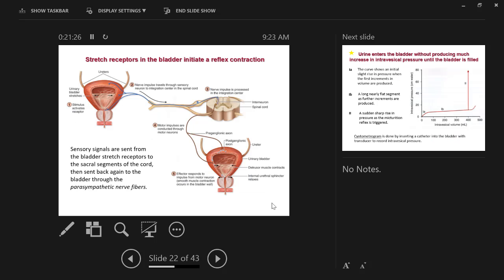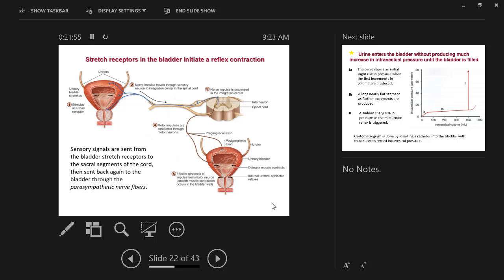Here, this explains the same thing, but it's more comprehensive. I found this figure somewhere, so let's see. The first, number 1, stimulus activates receptor. So talking about the stretch receptor on the surface of the bladder, it sends the signal.